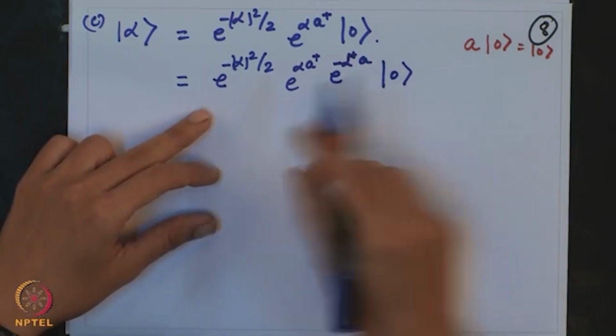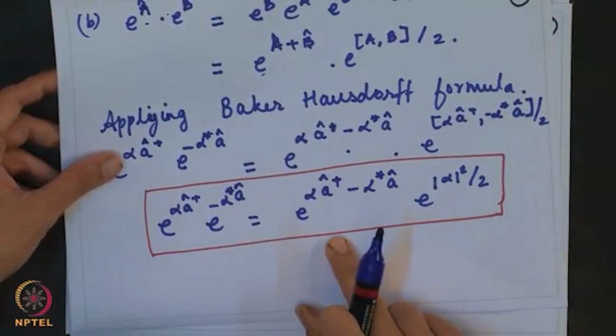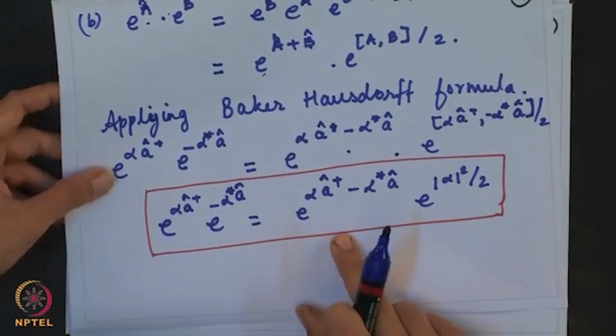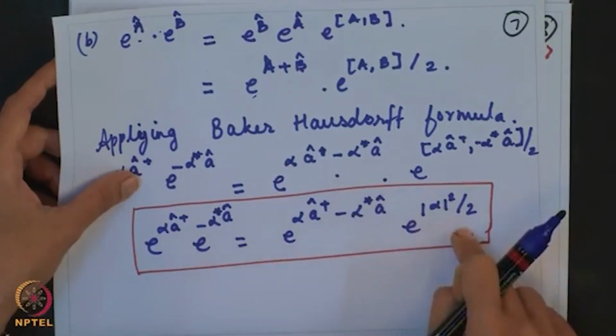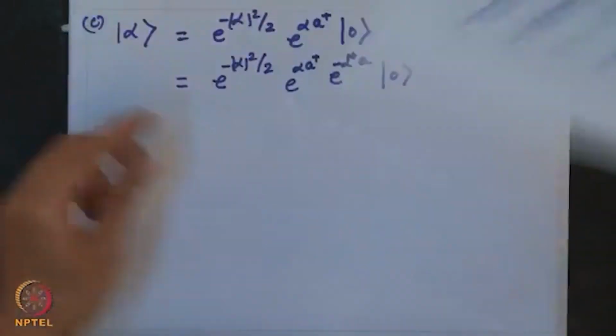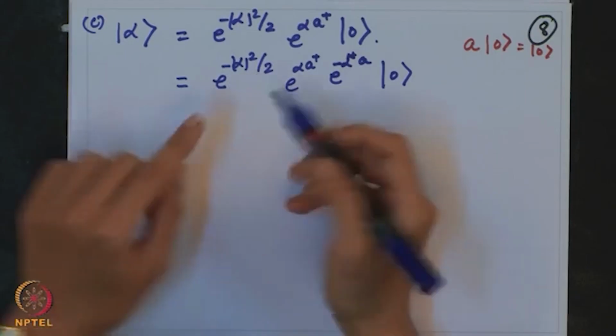Now, remember we had this relation over here. Okay. I will use this relation in this expression. So, when I use this relation, I will have this term times this, and I have one exponential minus alpha square by 2 in the expression already.